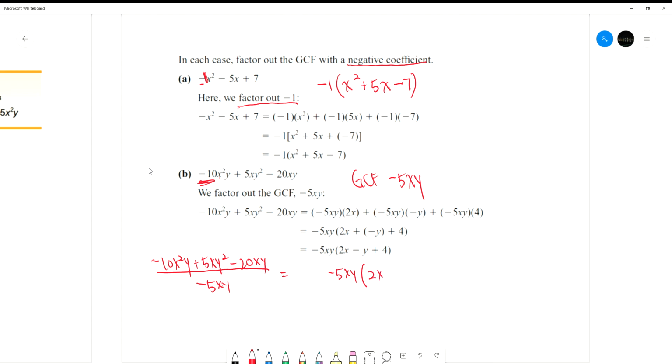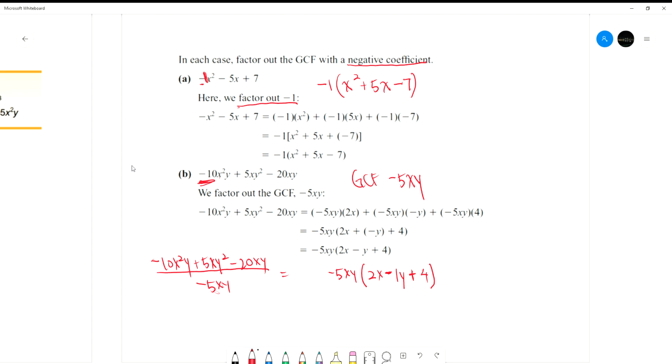Do you agree with that for the first term? Right? The second term, 5 divided by negative 5 is negative. So I'm going to put negative. I don't need to write the 1 unless there's no other term to write. But if you want to write it, that's okay. Negative 1, x's cancel out, and you get a y. Right? The last term is negative divided by negative is positive, so I put plus 4. You see how the xy cancels out? So that's the final answer.